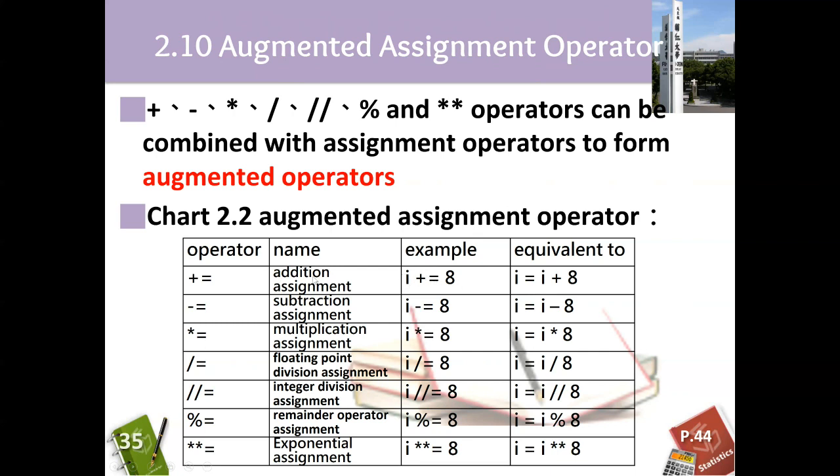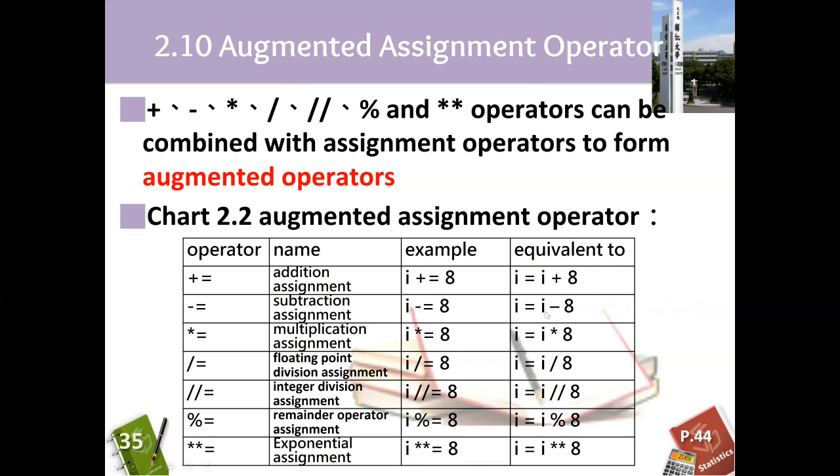So this is addition assignment. Originally there was only plus, but with plus equal, minus equal or multiplication equal, these are augmented assignments. They have the equivalent I equals I plus 8, and so on. Sometimes you will see this kind of symbol, so don't feel confused about the meaning.